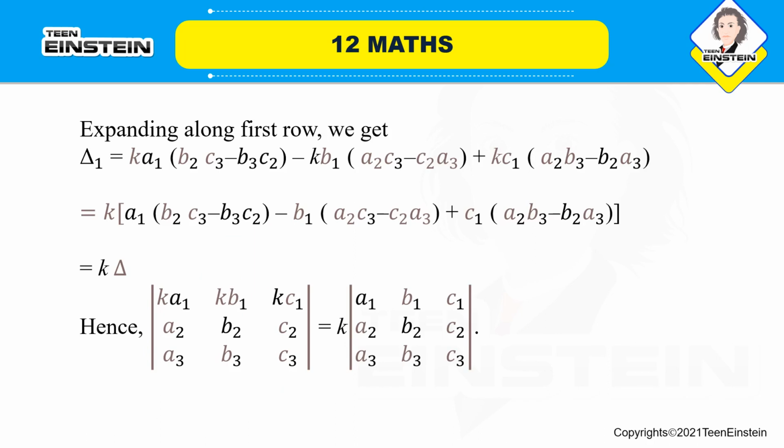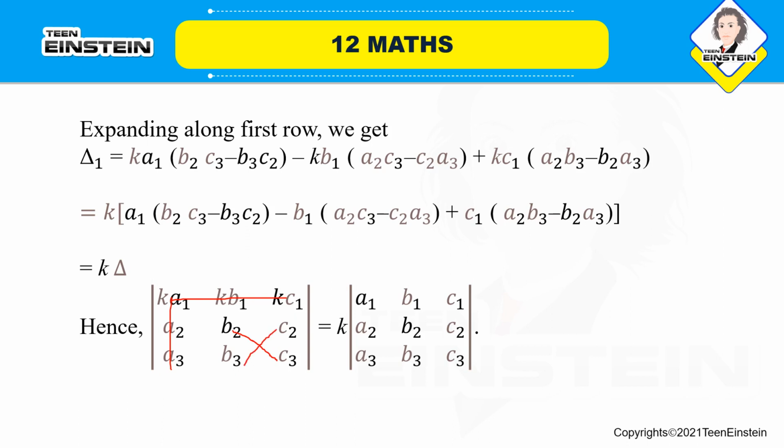So expanding along the first row of delta 1, in the first position we have the element KA1. So KA1 into, if you delete the row and the column having the element KA1, you get B2C3 minus B3C2.